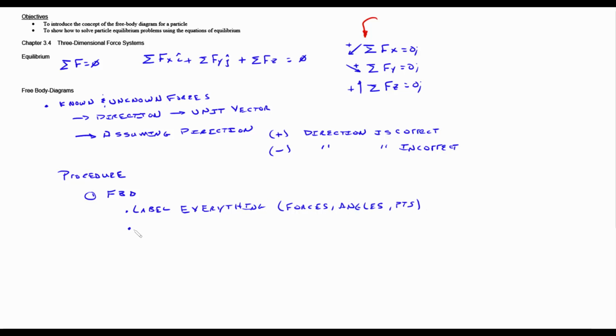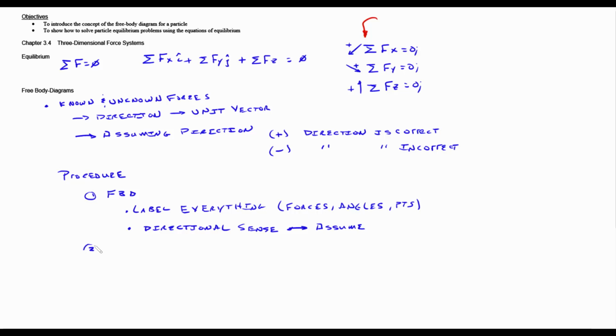The other thing that's very important when we're doing this is our directional sense. And just what I said a few seconds ago, our directional sense, we can assume a direction.